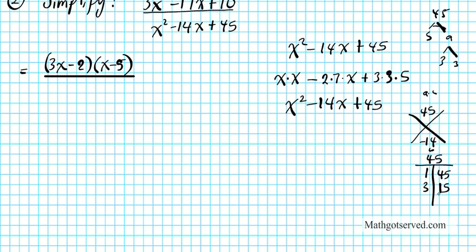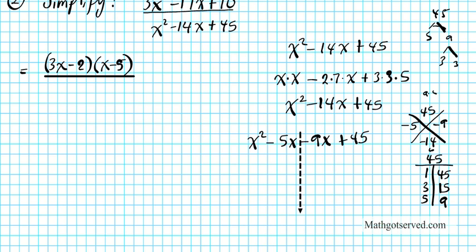Neither of these work. Let's move on. 5 goes into 45 9 times. That works. 9 and 5. So we're going to put 5 and 9, make both of them negative, so that it works out. So we have x squared minus 5x minus 9x plus 45. Break it down to center and factor by grouping.